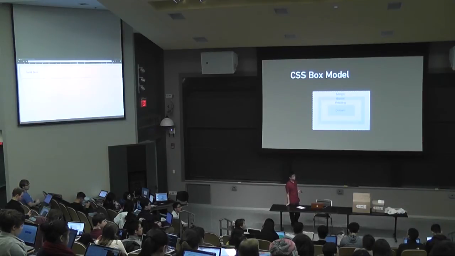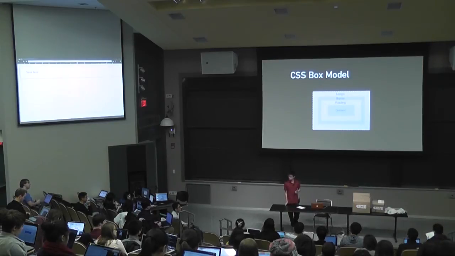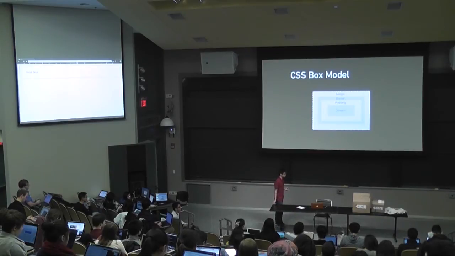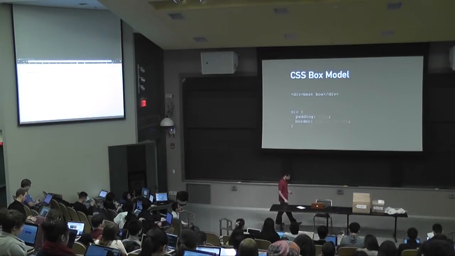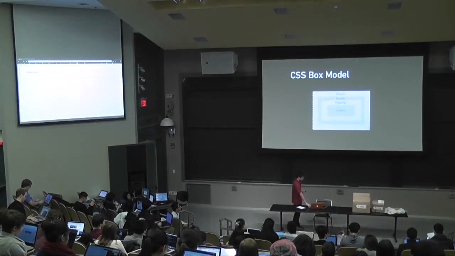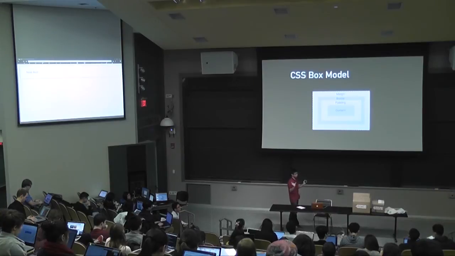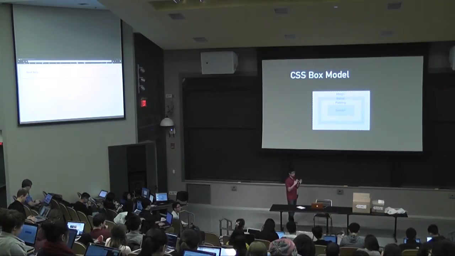So does this work with block inline? Because if you do margin with... Yes, I believe it does work with block. With block inline, when you have multiple elements beside each other, the margins will collapse.